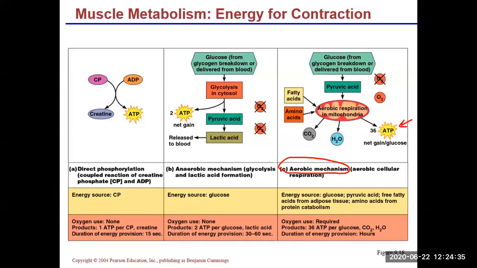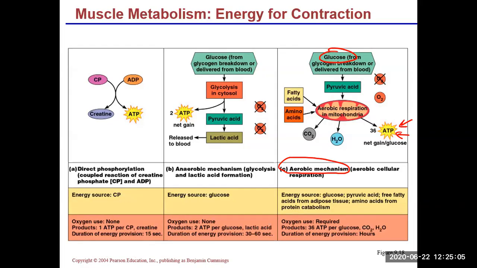We get the majority of our energy from glucose, all right? But you can't just get the energy from glucose, you have to break it down. Once you break it down, it releases the energy that you need. But in order to break it down to get the usable energy, which is ATP, it has to go through a process known as glycolysis.